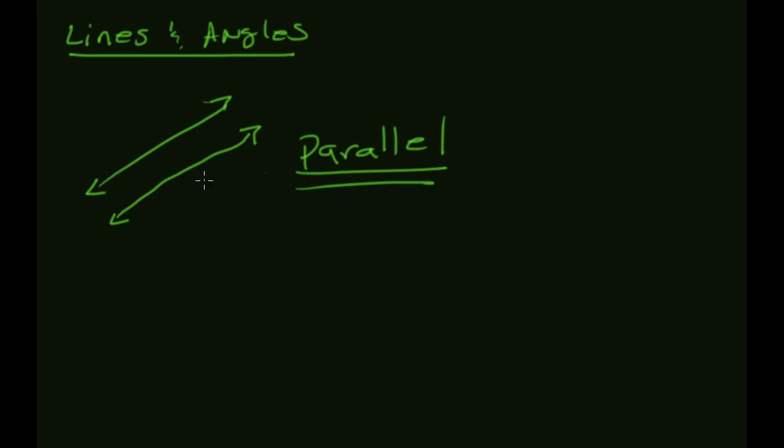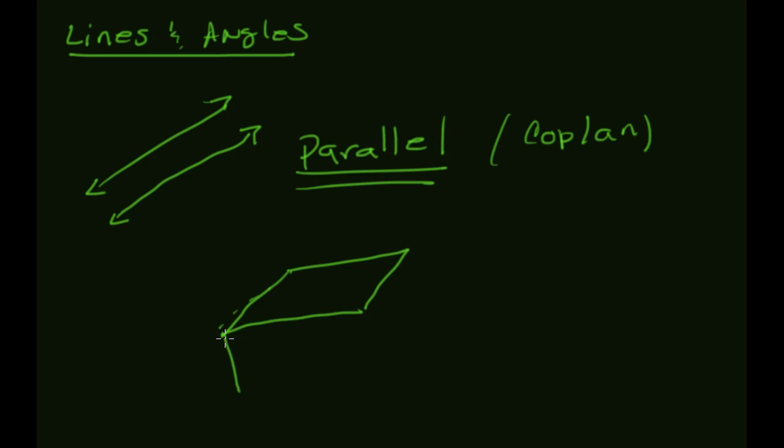The reason why we have to have that word coplanar in there is that it's possible to have lines that are non-coplanar that also don't intersect. So imagine you have a box. And so here's my box.